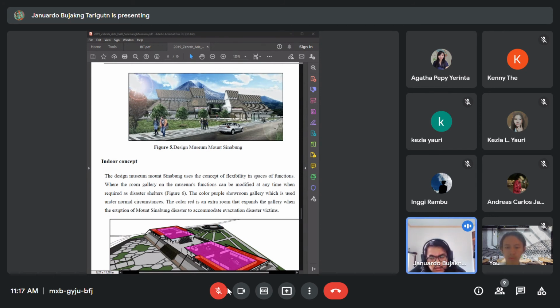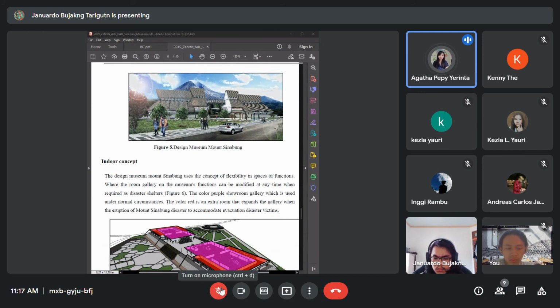Neo-vernacular is adaptive from vernacular architecture with different material, which for example uses modern material, fabricated material. Can you give me an example of the modern materials? Steel beam.